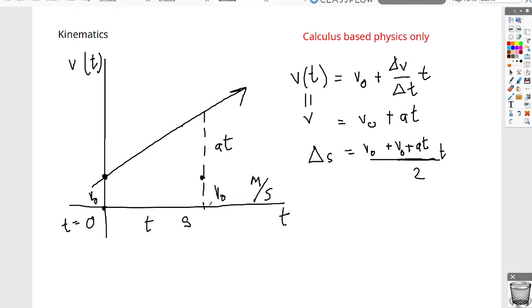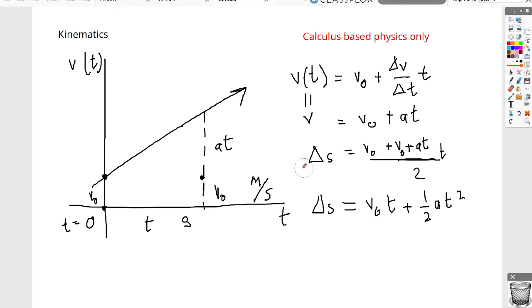So V naught plus AT, all divided by 2 times the time, which is equal to V naught T. This is 2 V naught over 2 times T, V naught T plus 1/2 AT squared. And this is your second kinematics equation.